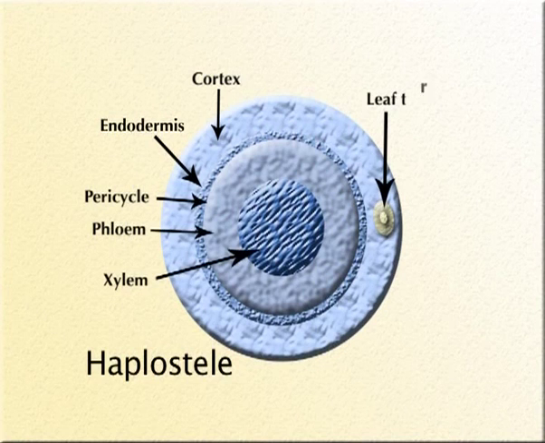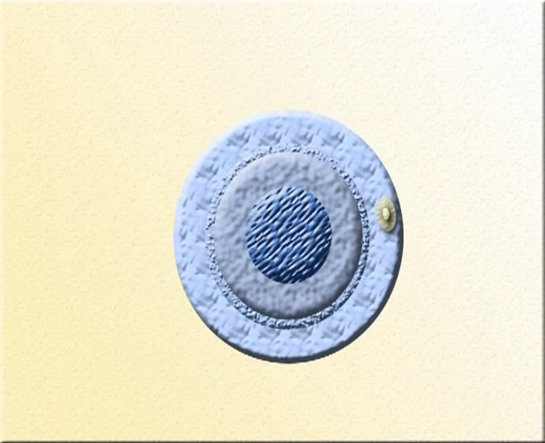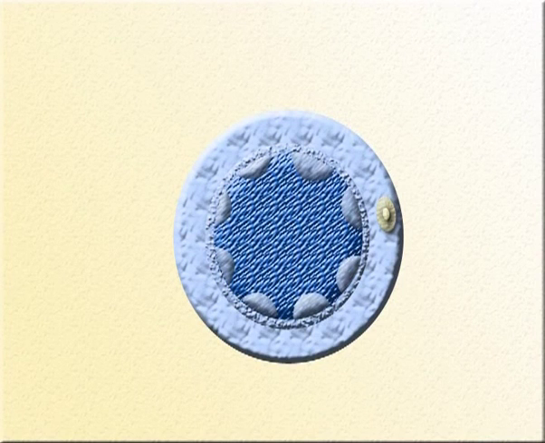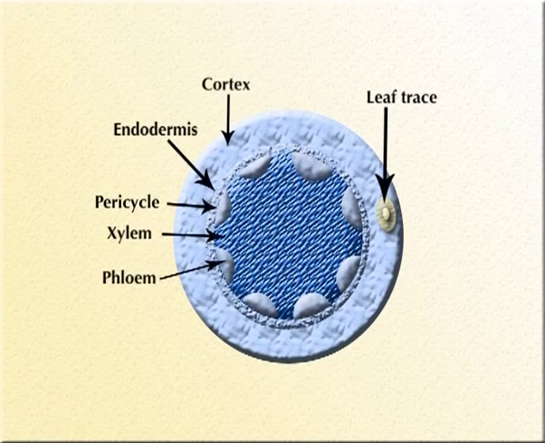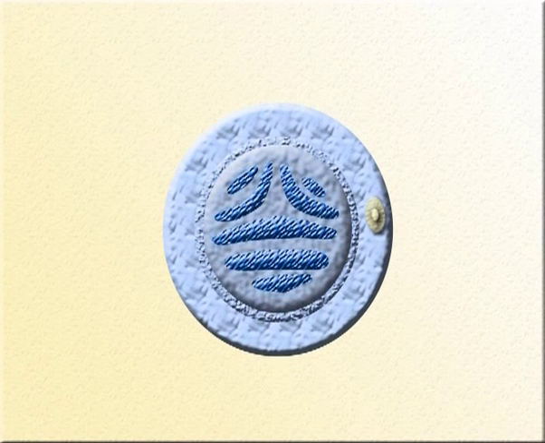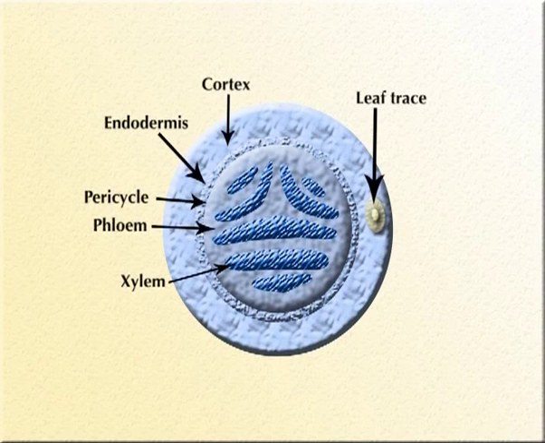During further elaboration, the central core of xylem became irregular and assumed almost a star-like shape. Such a modification of stele is termed actinostele. As a result of further evolution, the xylem splits up into a number of parallel plates with phloem.